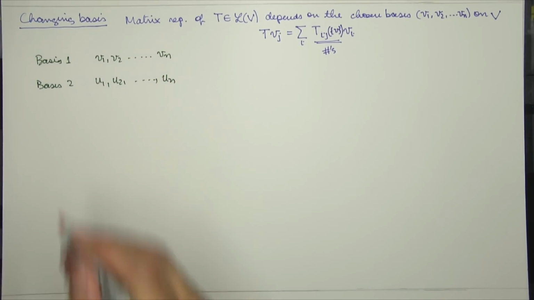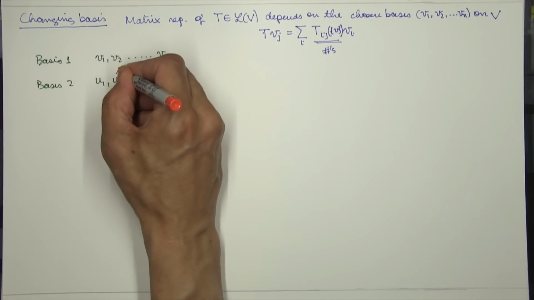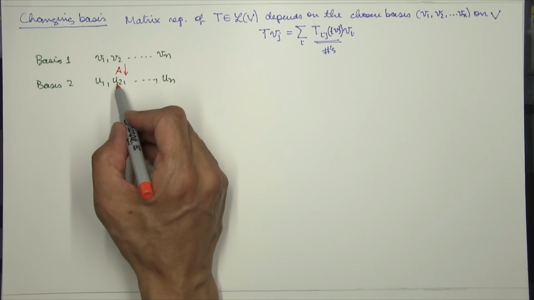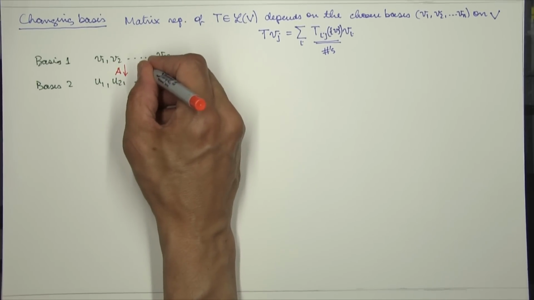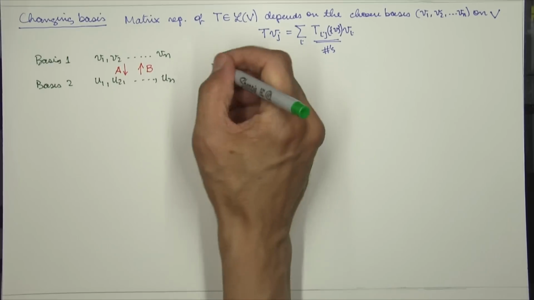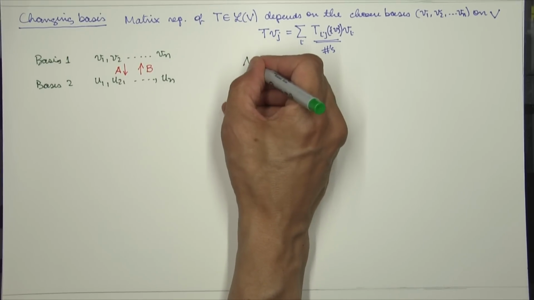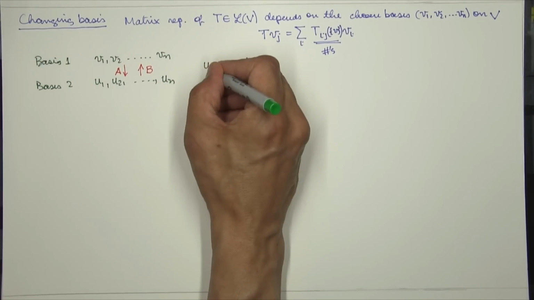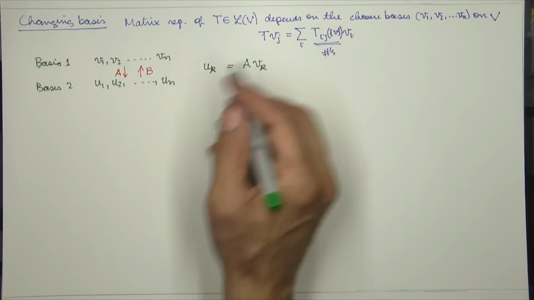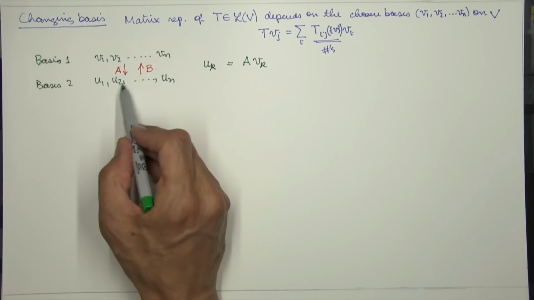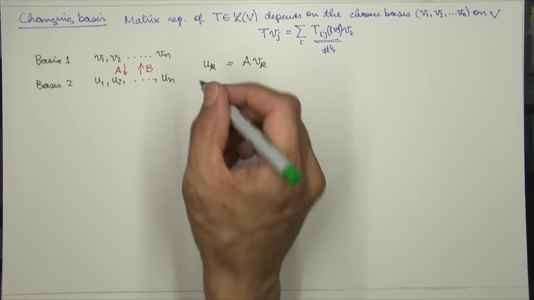One operator A that takes these basis vectors to the second set of basis vectors, and an operator B that does the reverse. So actually we write this as follows. We say that if you act with A on Vk, you get the vector Uk. That's the expression that this arrow pushes any vector V to the corresponding vector U. A on Vk is Uk.